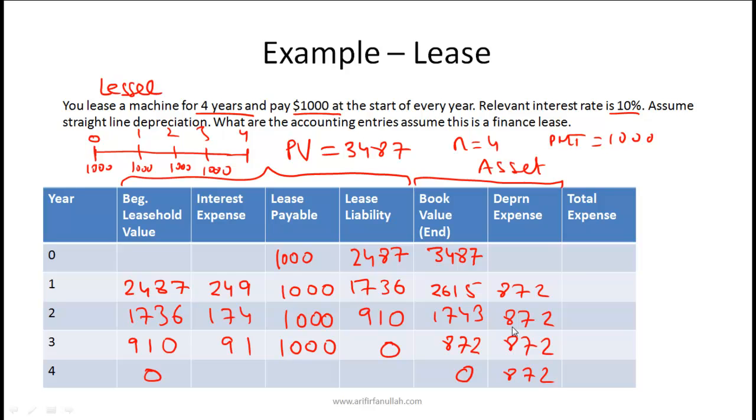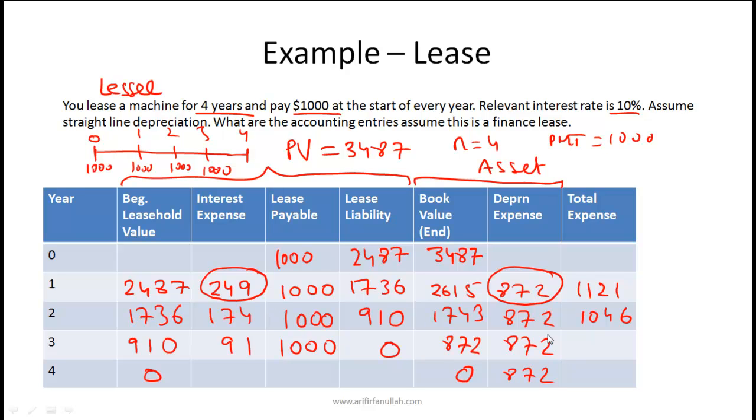Now what's the total expense when we have a finance lease? The total expense in year 1 for a finance lease is equal to the interest expense plus the depreciation expense. So in year 1 the total expense is 1121. In year 2 the total expense is 1046. Again, this is the depreciation expense plus the interest expense.